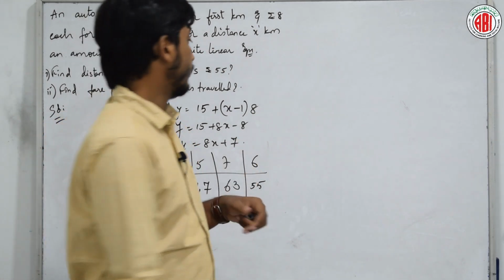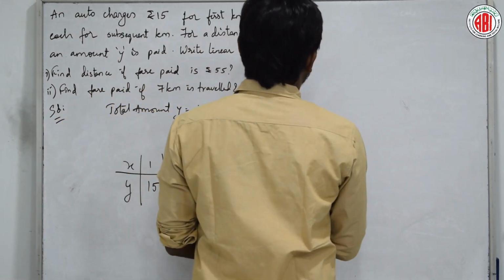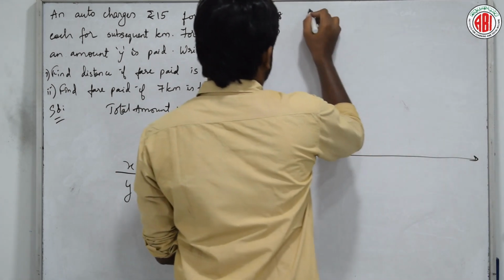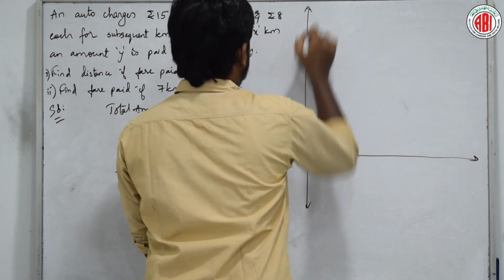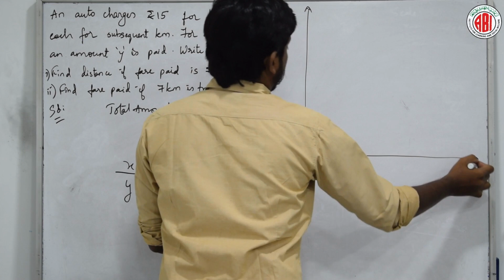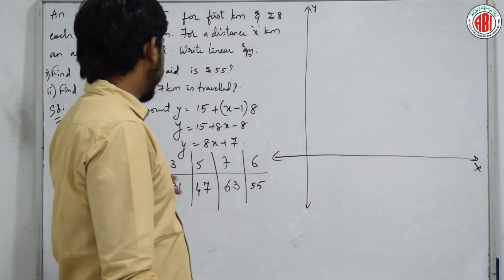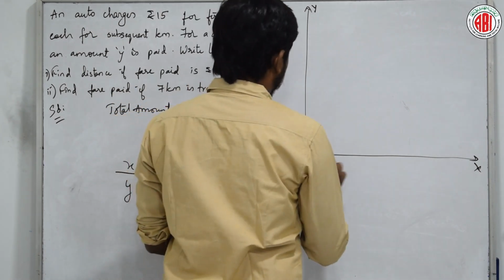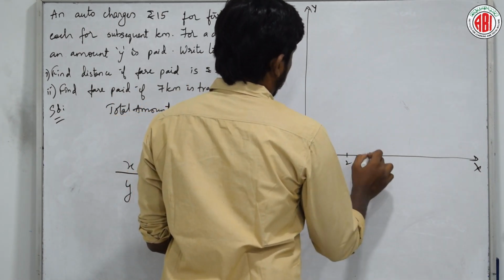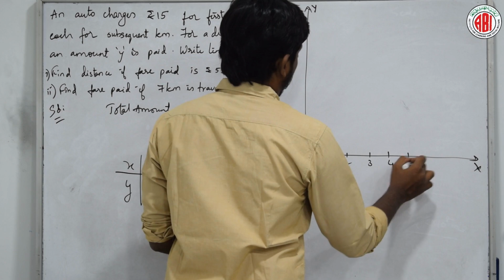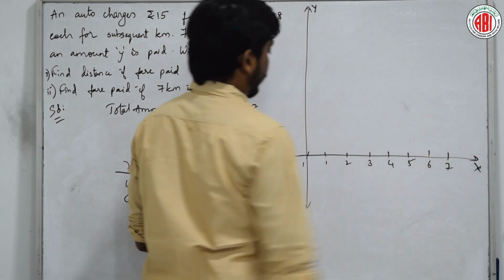Shall we plot? Now see here, everything is on the positive x axis and positive y axis, isn't it? On the x axis: 1, 3, 5, 7, 6, right? 1, 2, 3, 4, 5, 6, 7.